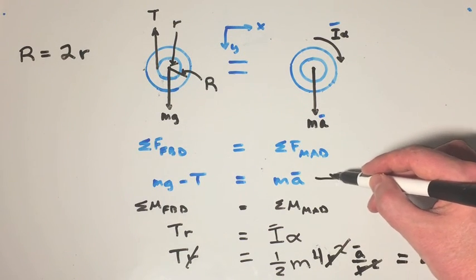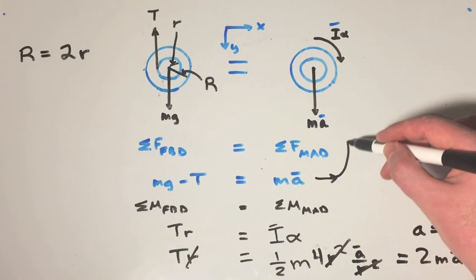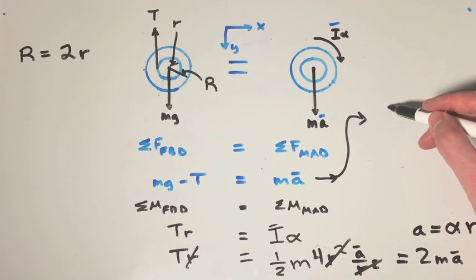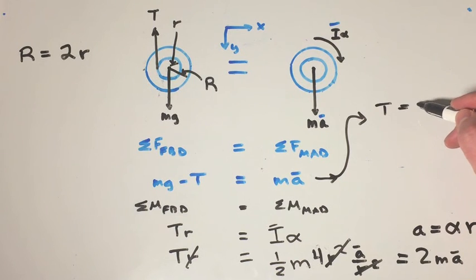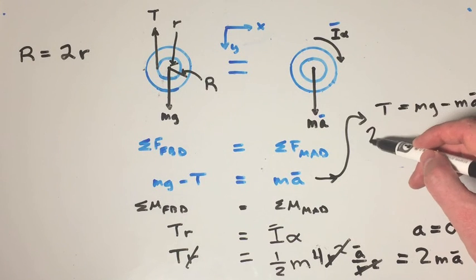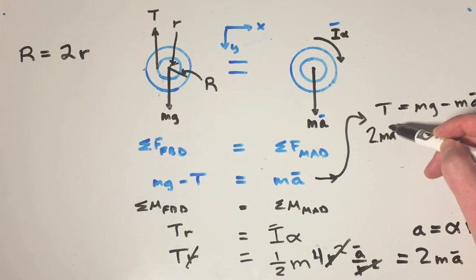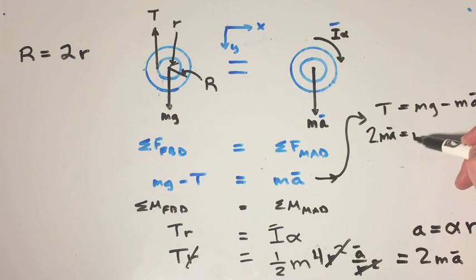So T equals mg minus ma, and then bring our 2ma, which is equal to T, so 2ma equals mg minus ma.